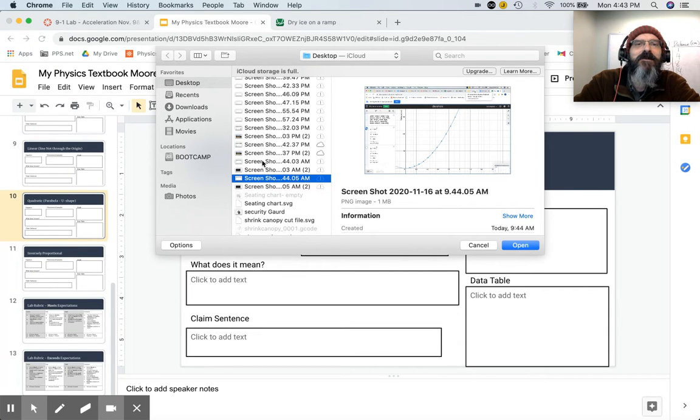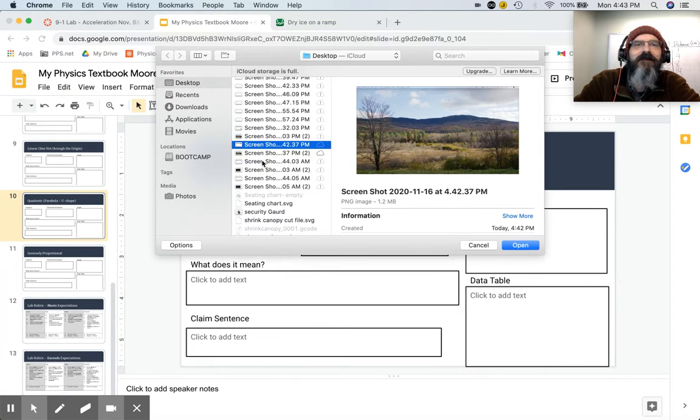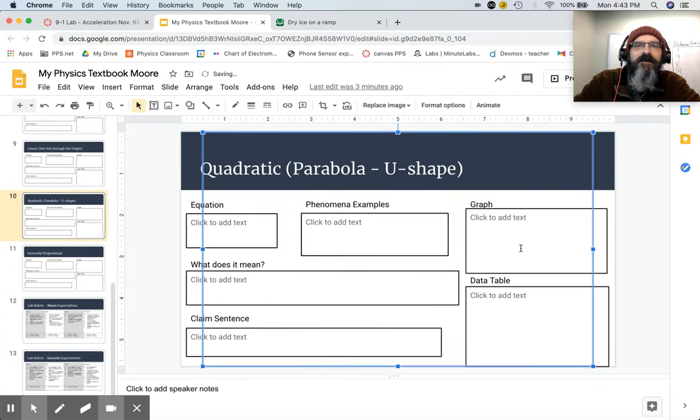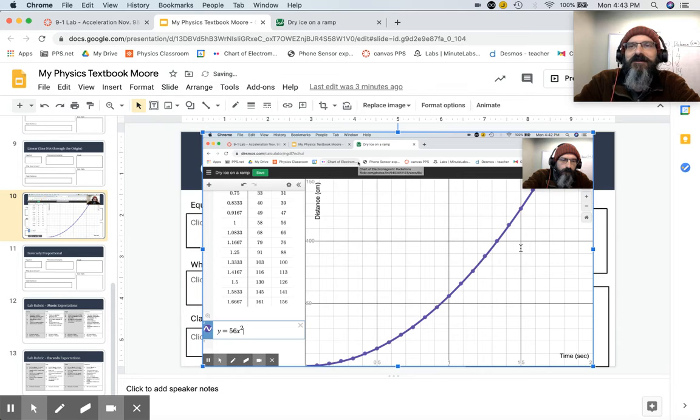This may take a moment here. It's not that one. It's that one. I'm going to open it. There I am looking kind of goofy in the corner of my graph. Oh well. Now, I don't want all this other stuff. I really don't want even me, but a little bit of me is going to be left behind.